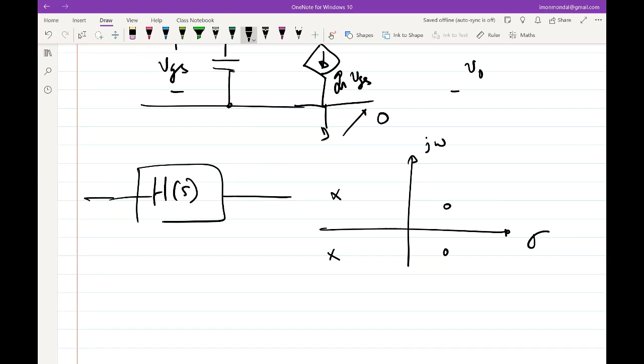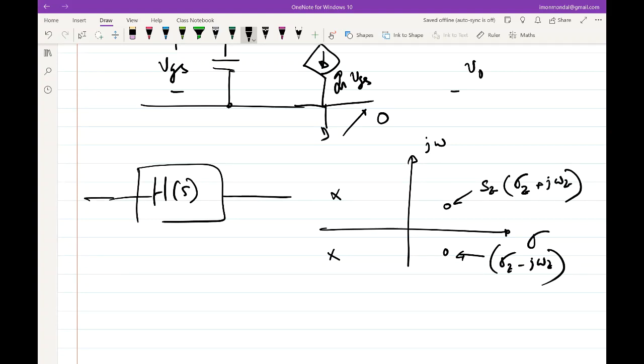So this is a value of S, right? This is some value of S, let's say SZ, which is equal to maybe some sigma Z plus J omega Z. So similarly, this is also some value of S, which is sigma Z minus J omega Z. Okay.